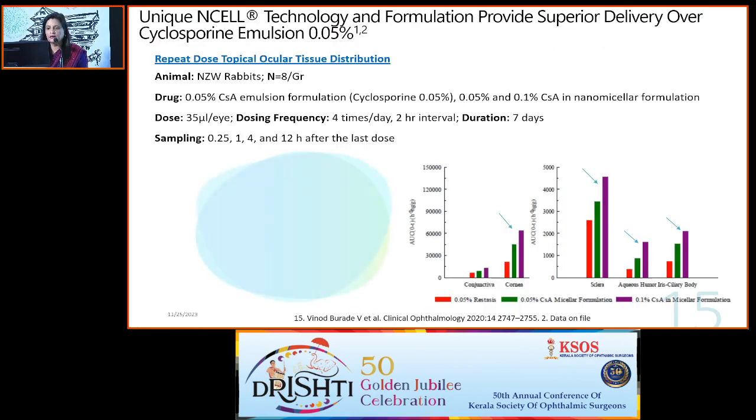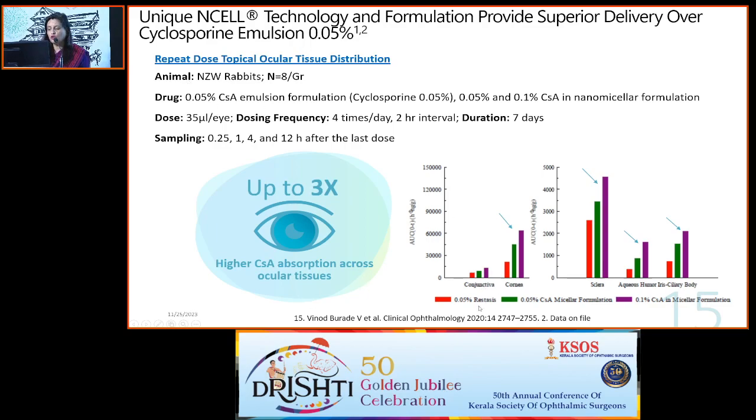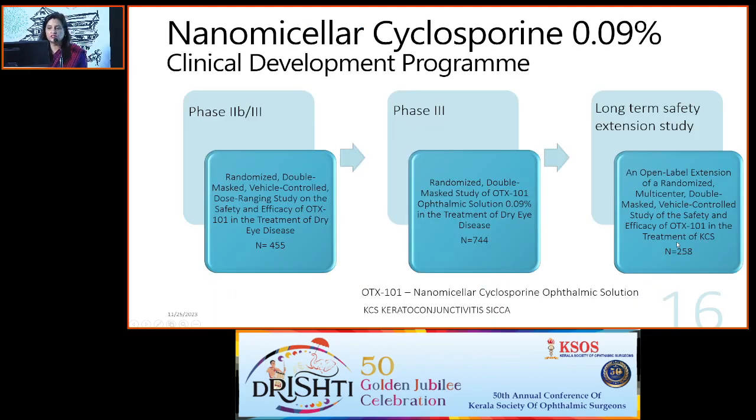As well as intraocularly. Now, this was a study done in animal eyes, New Zealand rabbit eyes, just to show that if you look at the concentration of 0.05% Restasis versus 0.05% micellar cyclosporin and versus 0.1% micellar cyclosporin, then you can see that the 0.1% micellar cyclosporin in conjunctiva and cornea has higher concentration, and again in all the tissues in fact has higher concentration.